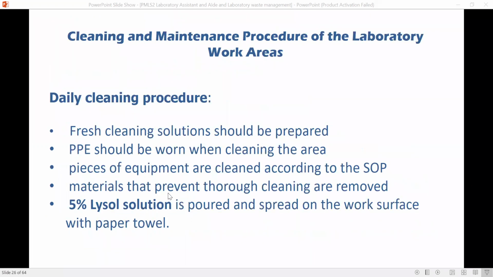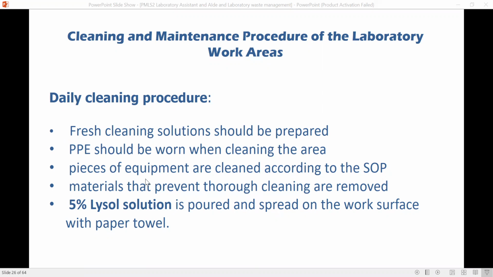Now, the daily cleaning procedure. What will you do as a laboratory aid every day to clean? At home, you only sweep every day; you do not vacuum or mop every day. Here, fresh cleaning solution should be prepared, and PPE should be worn when cleaning the area.